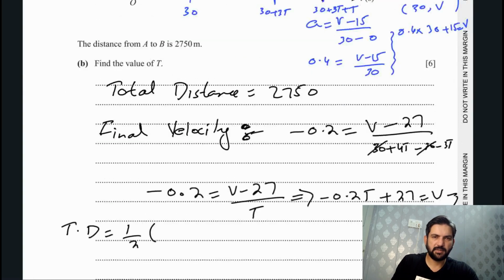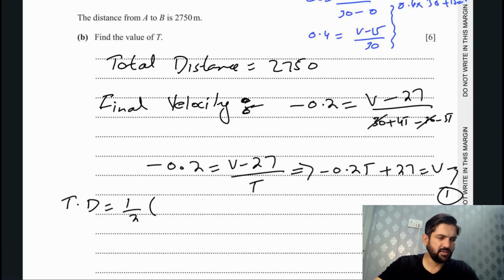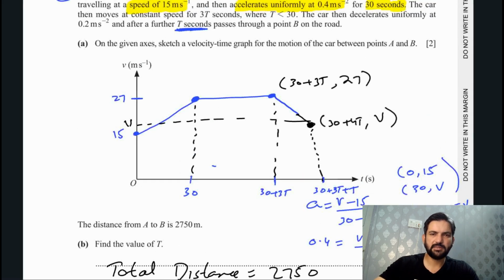So the sum of the parallel sides means 15 plus 27, into 30, because 30 is this side, which we will consider as the height. These two sides are the parallel sides. For the first part, we did it.